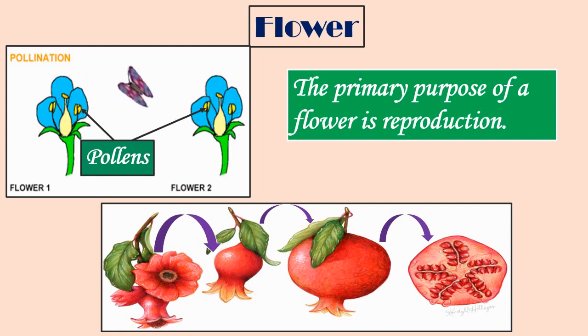After pollination, flowers start developing the fruits. Fruits bear the seeds and we get a new plant by sowing the seeds. In this way, flowers play an important role in reproduction.